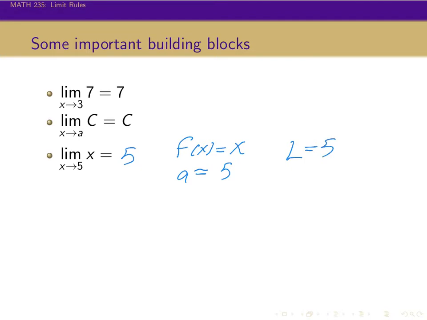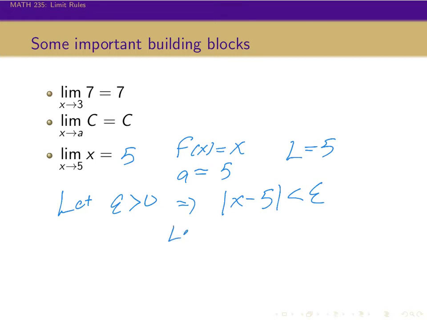Okay, so if we let epsilon be greater than 0, and then we want to know for what values of x makes the absolute value of x minus 5 less than epsilon, well, as you can see from the rigorous definition, this is exactly the same statement we want for delta.